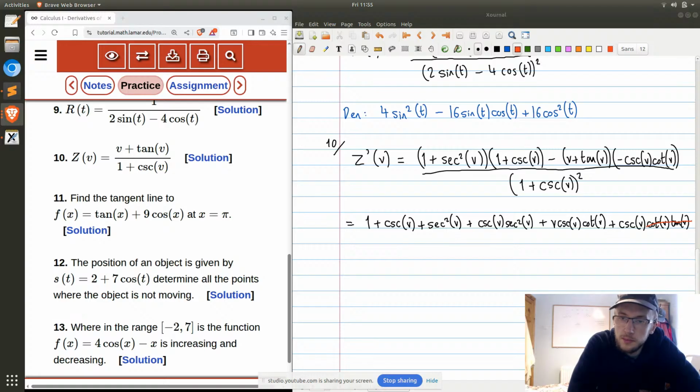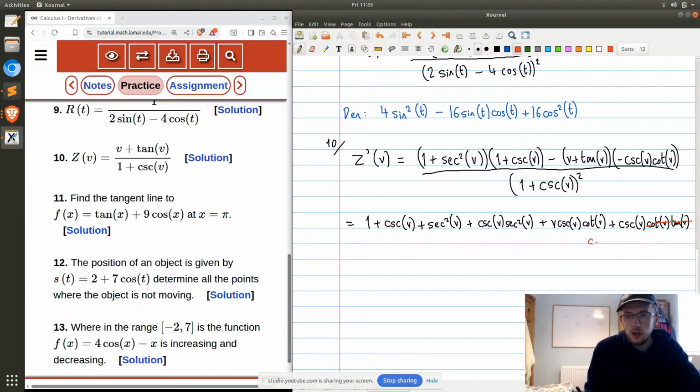On that one. Well, cosec v, cot v, that's cos v over sine, and that's 1 over sine. So nothing simpler happens there. That's just 1 over sine.